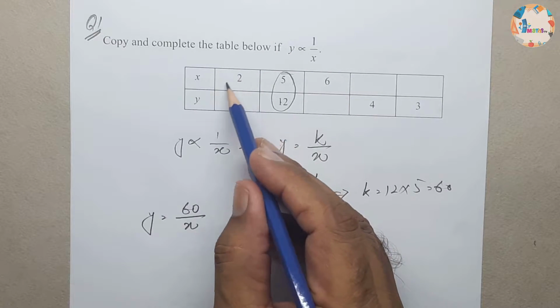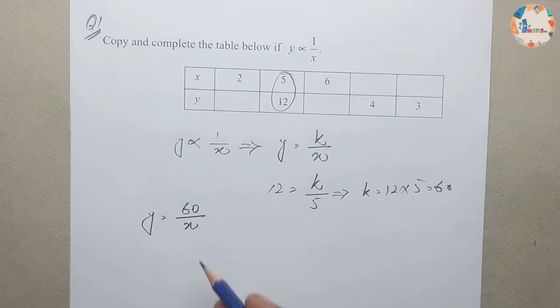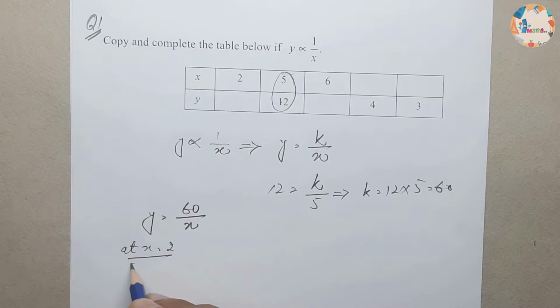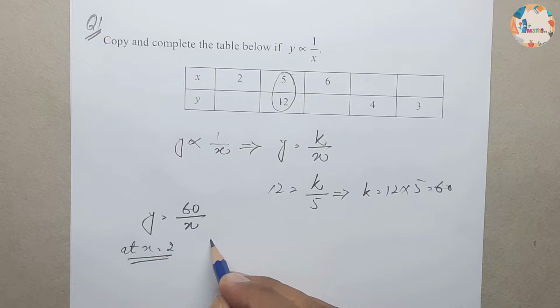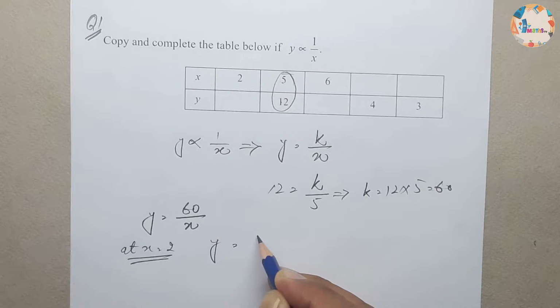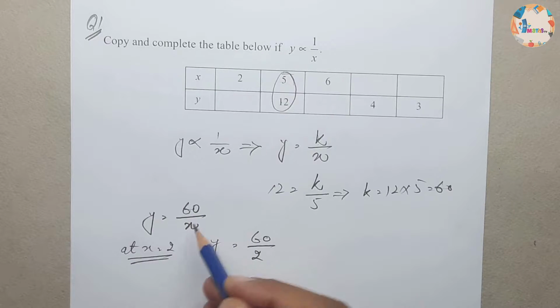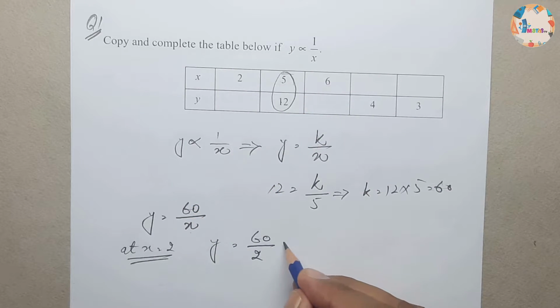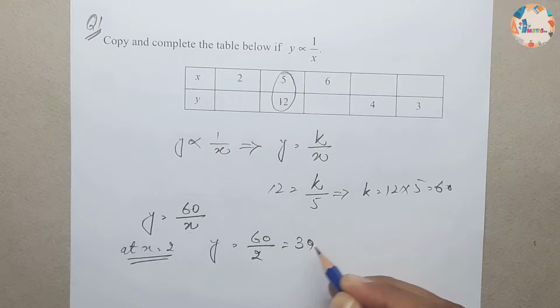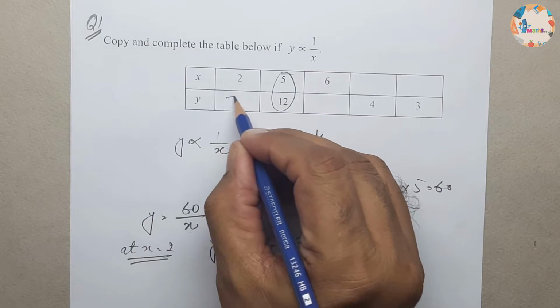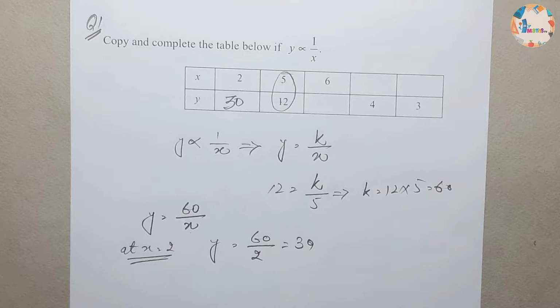Now we can use this equation to find the value of y. At x is equal to 2, y will be equal to 60 over 2, which is 30, and we write the y value as 30 in the table.